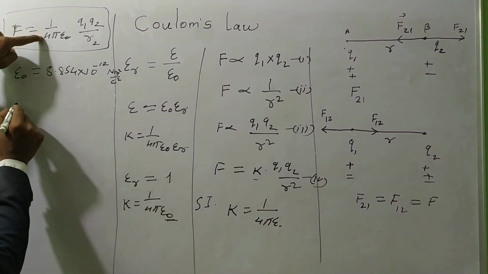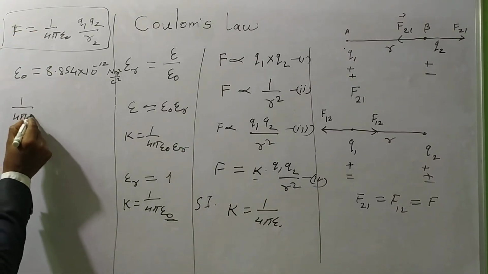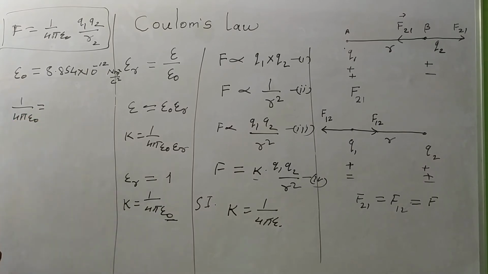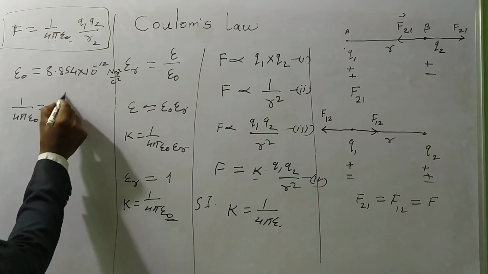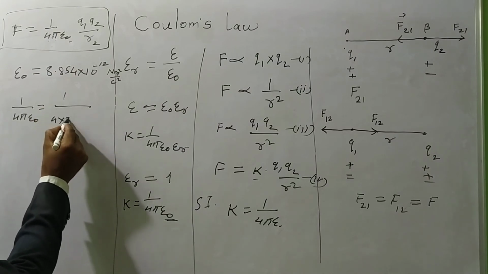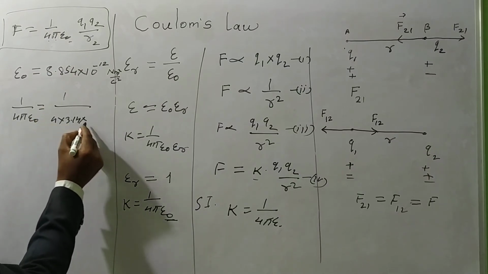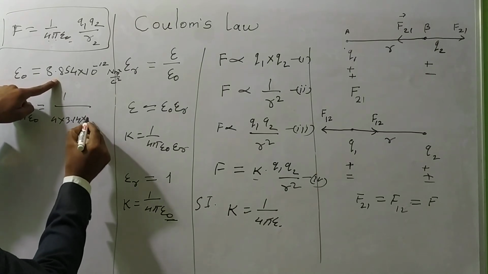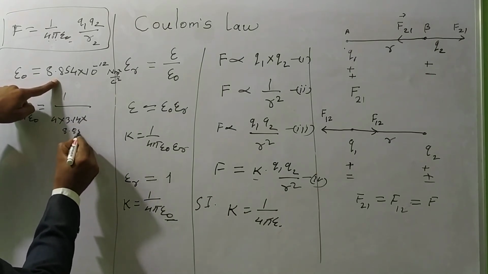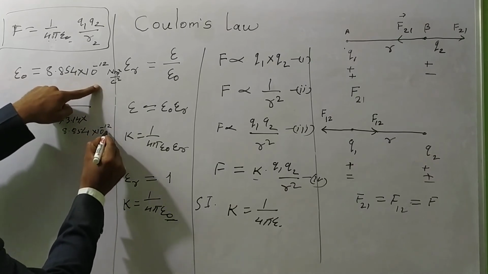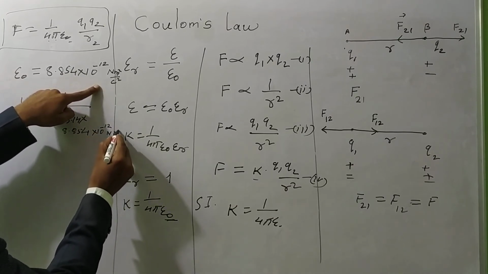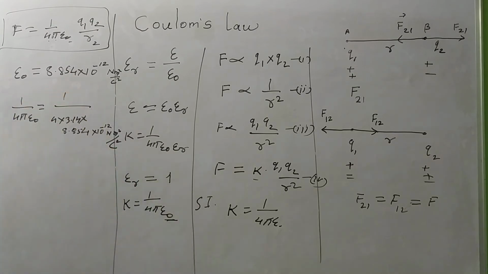Now, the value of 4 pi epsilon naught, on putting the values of 4 pi and epsilon naught, is 1 upon 4 into 3.14 into 8.854 into 10 to the power minus 12.